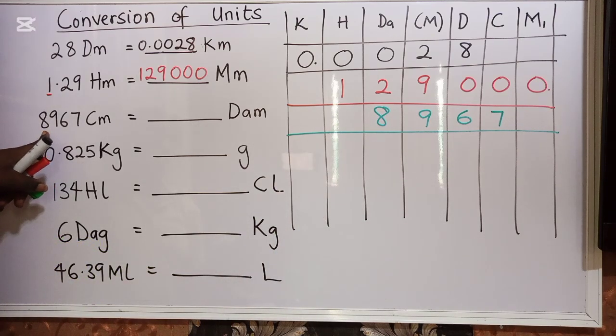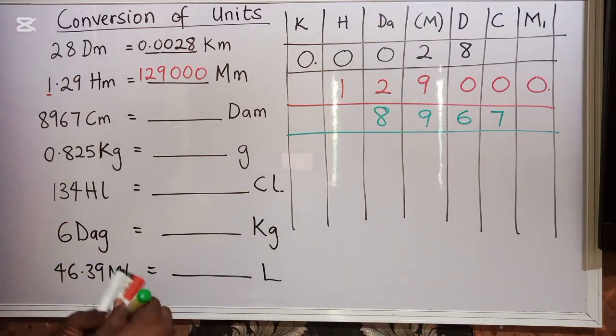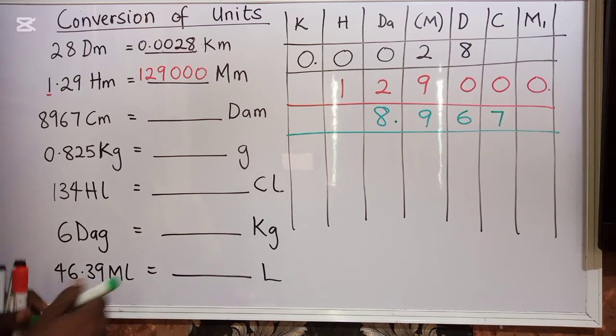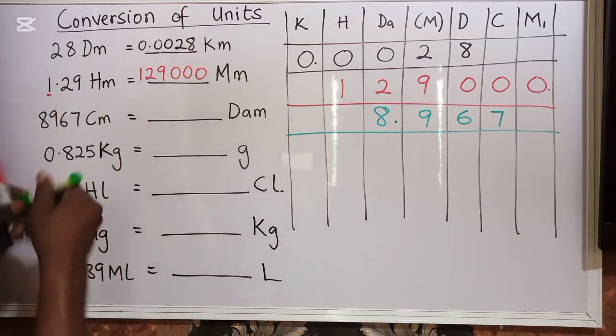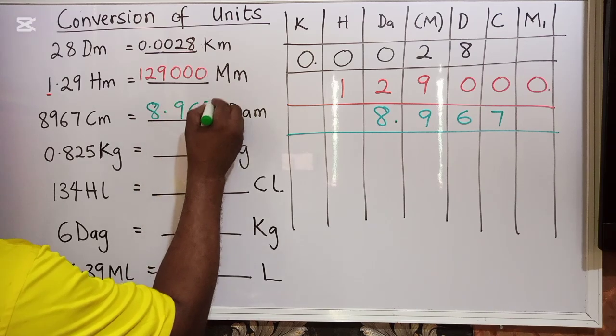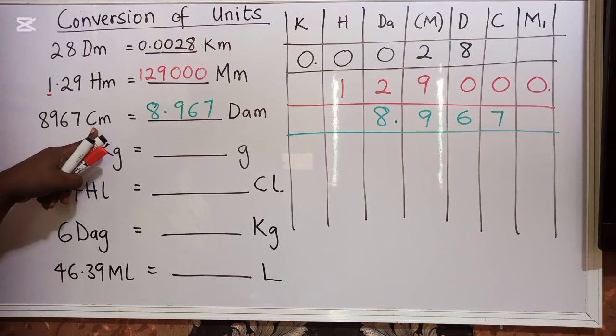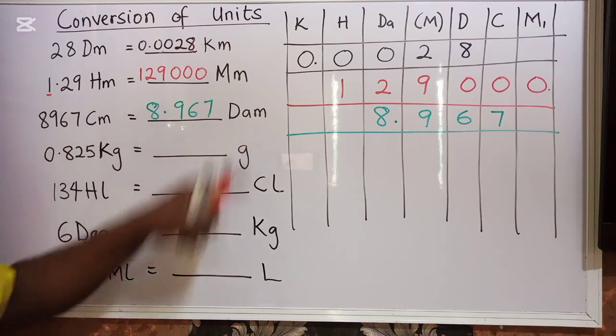Yes, that is our answer. But remember, after you get to your destination, you put the point. So 8,967 centimeter is equal to 8.967 decameter.